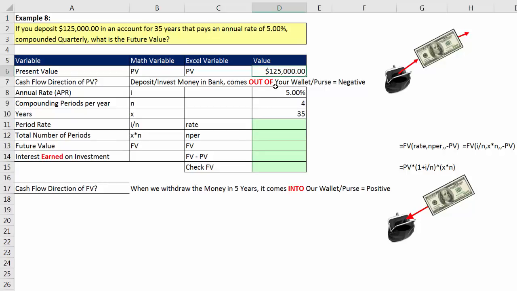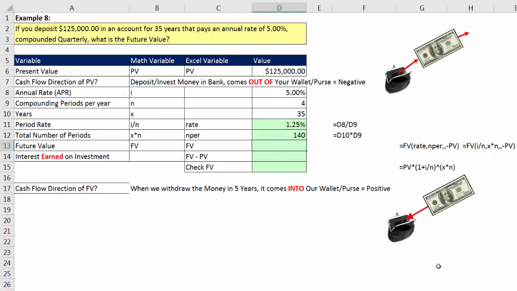So even though we put $125,000 in, I'm imagining that the future value is going to be pretty big. Now, our period rate, there's the annual rate divided by 4. 1.25 per quarter.